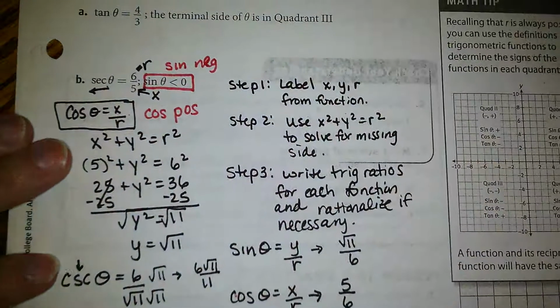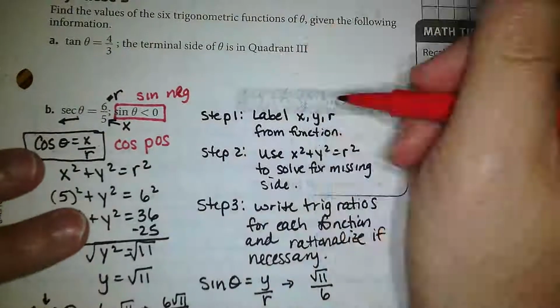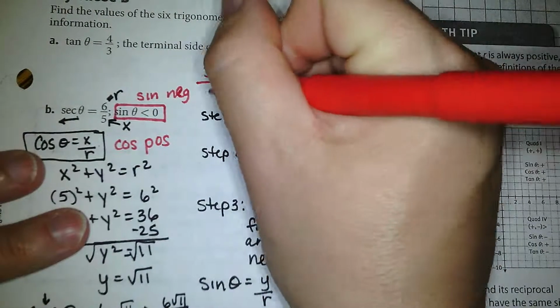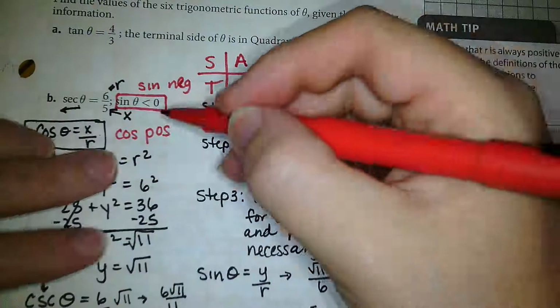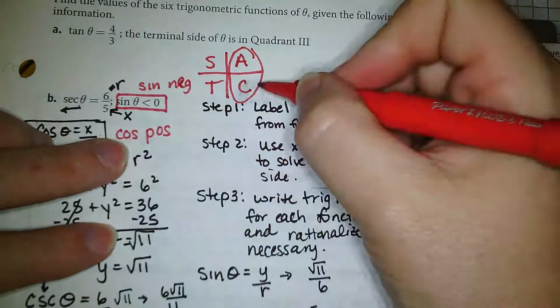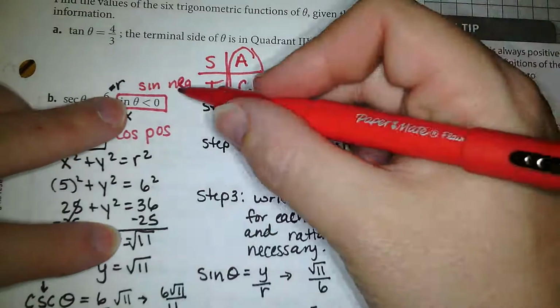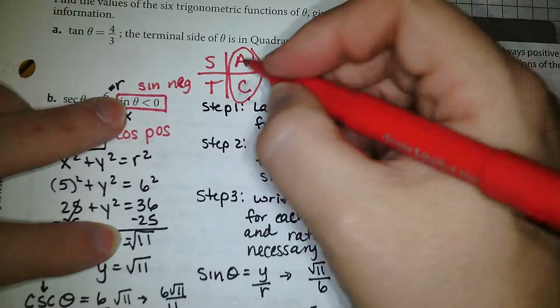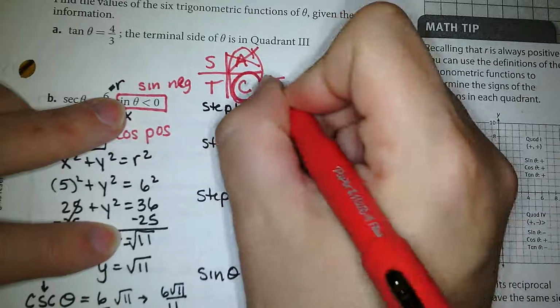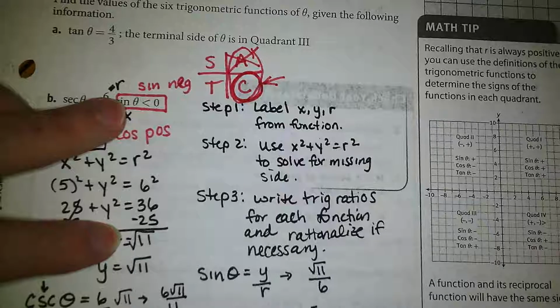So in our checking of which quadrant this literally lives in, cosine is positive in these two. That's where cosine is positive. And sine is negative in this one. So we're looking at a quadrant 4 angle.